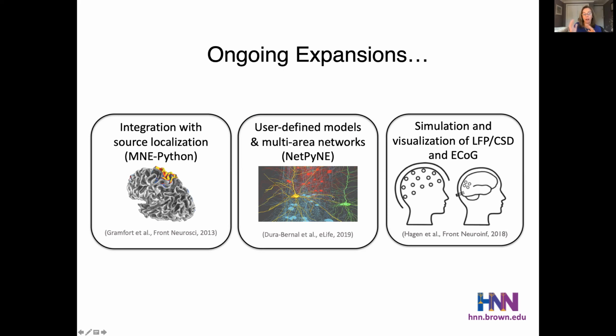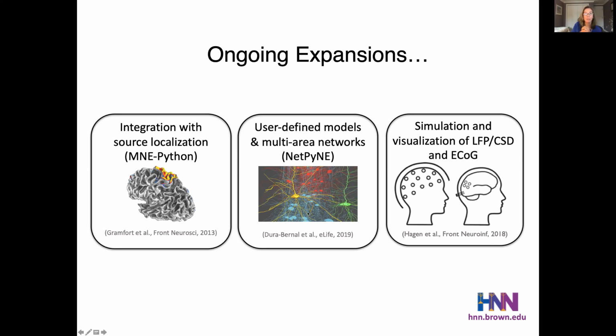We're integrating it with other neural modeling platforms so that we can expand this template model to have different cells and different circuits and expand the utility of the software overall. We're also looking at ways to simulate and visualize things like LFP, CSD, ECoG. All of this is ongoing work in the lab.